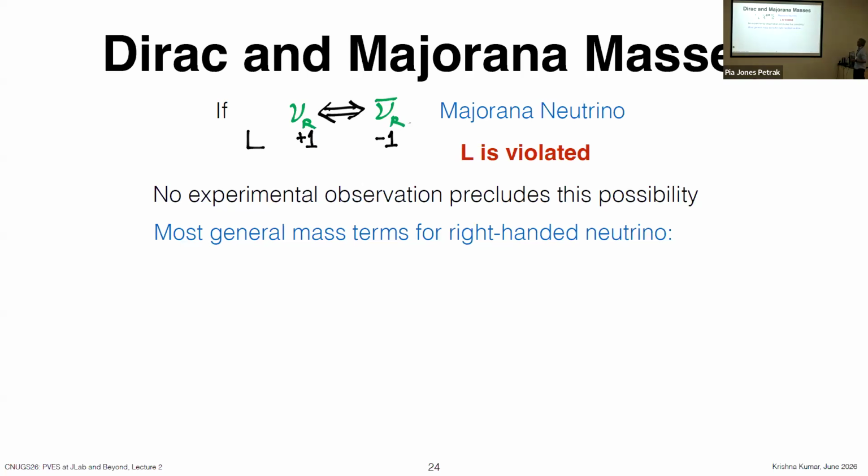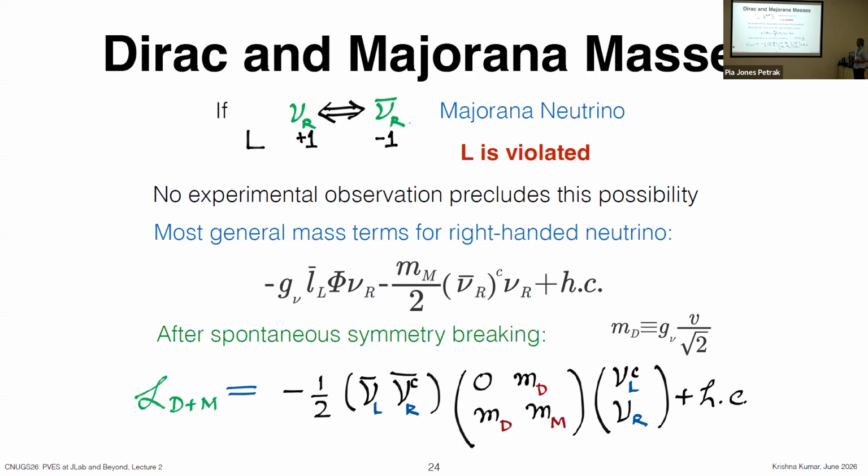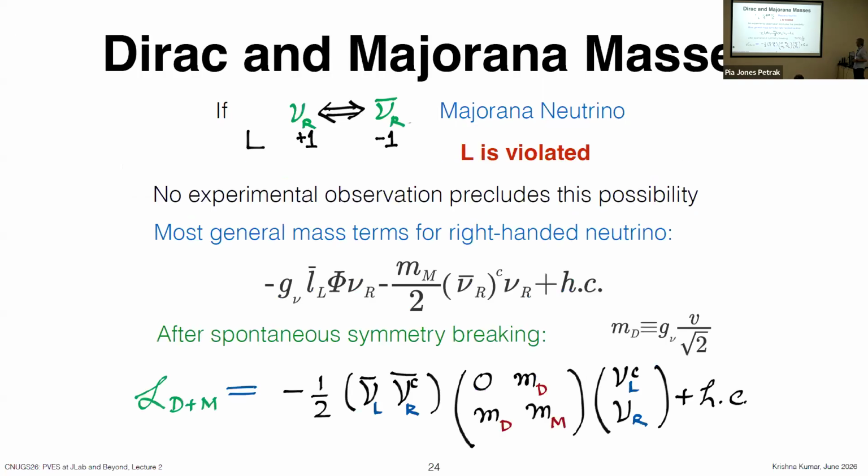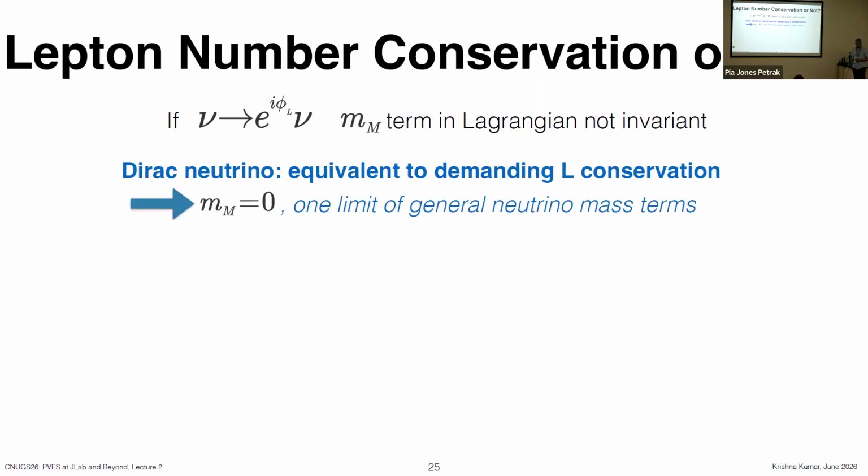Okay, so if you have a Majorana neutrino, then just to remind you, in the Lagrangian you actually can construct this. I won't go into the details of this. If you decide you don't need to have lepton number conservation, you can add these terms to the Lagrangian. Once you do that, one limit is that the heavier mass here goes to 0, and then you get the purely Dirac neutrino.